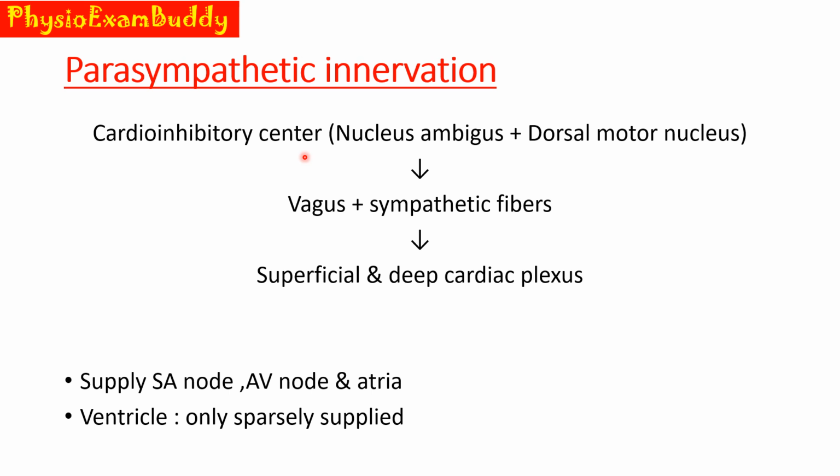From these nuclei, the fibers arise and descend through the main trunk of the vagus, where the fibers to the heart are separated and get mingled with the sympathetic fibers to form the superficial as well as deep cardiac plexus, and this will supply the SA node, AV node as well as the atria, and the ventricle is only sparsely supplied.